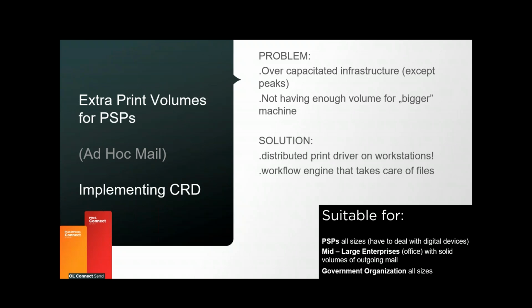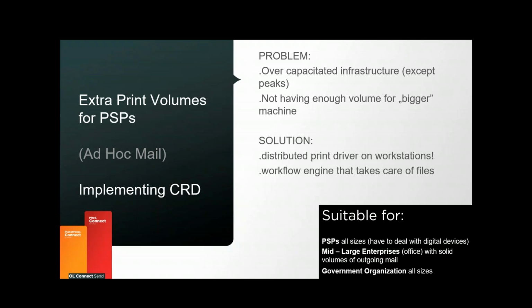So if we talk about this particular case, the problem we see on the market is, if we're talking with a PSP who is doing some kind of transactional printouts, they usually have huge capacities because they need to, because they have peak seasons where they print a lot of materials.